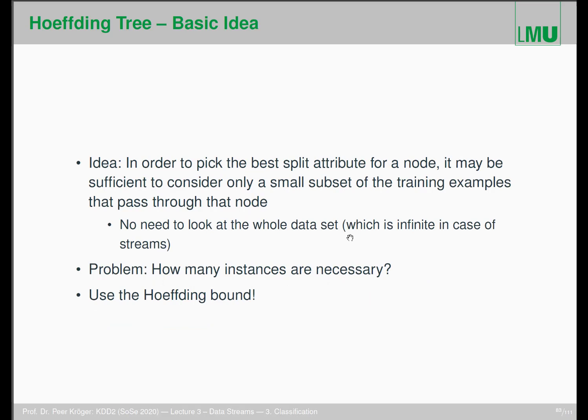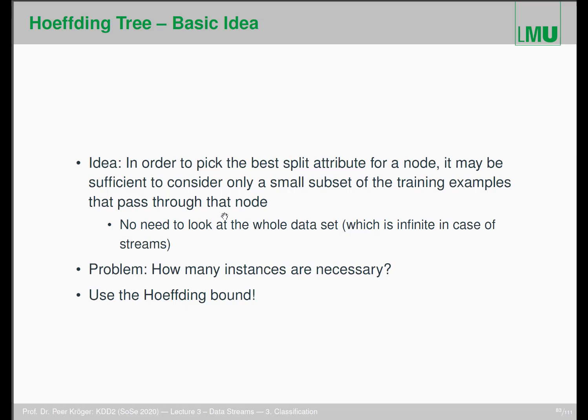So what is the Hoeffding bound? Well, the basic idea is, we want to pick the best split attribute for a node, and to do that, it may be sufficient to consider only a small subset of the training examples that pass through that node, because there are an infinite number of training examples, so to say.